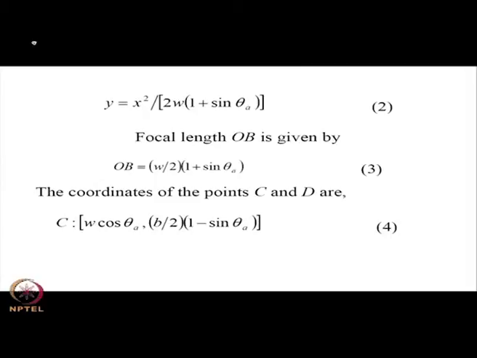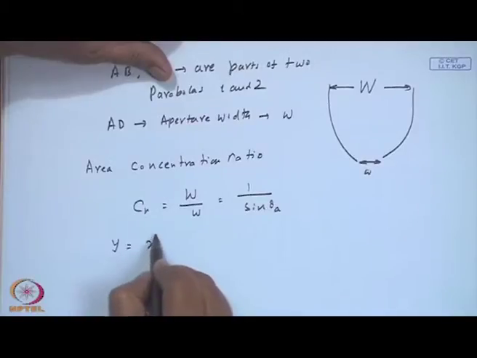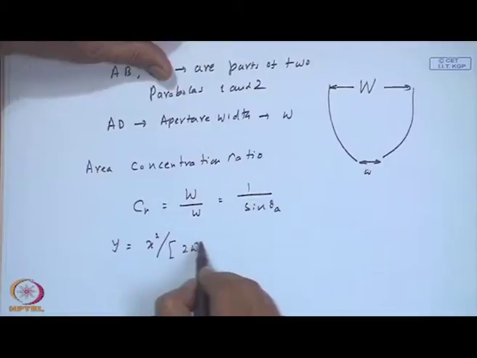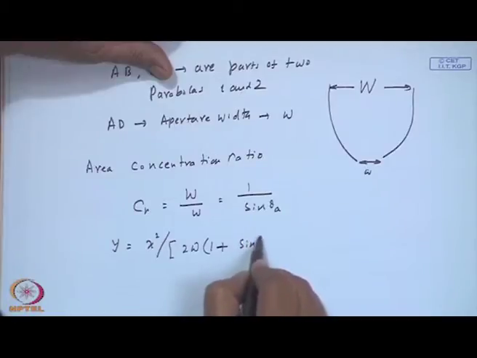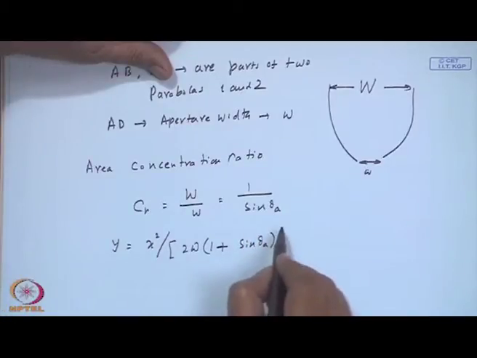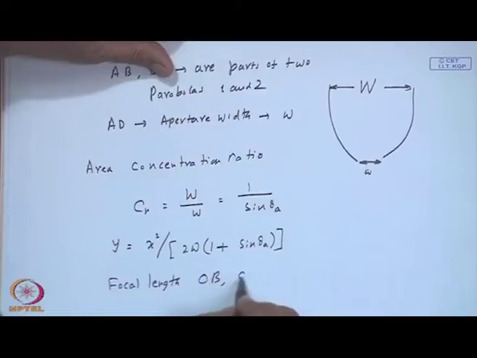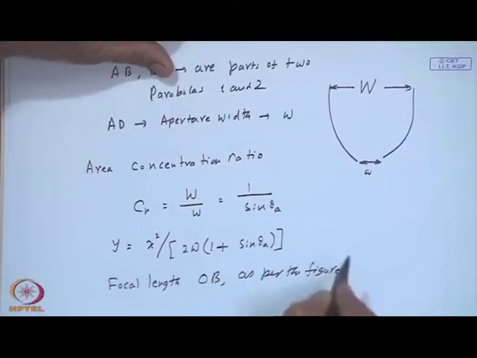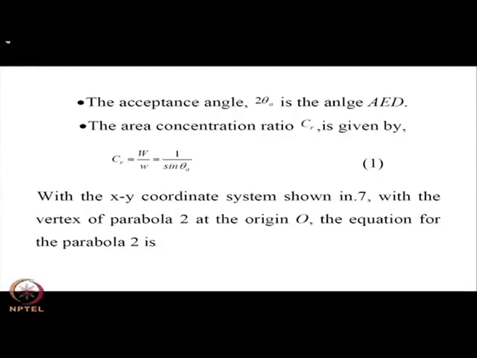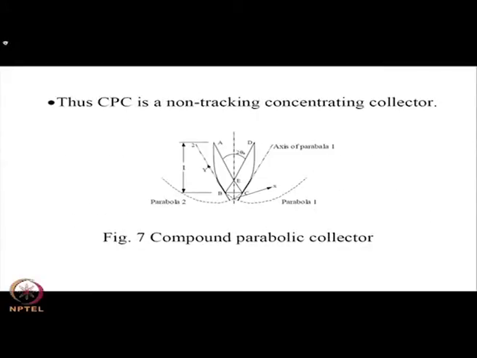You can express coordinate y as x squared upon 2 w times 1 plus sin theta, the acceptance angle theta A, and the focal length as per the figure is OB.